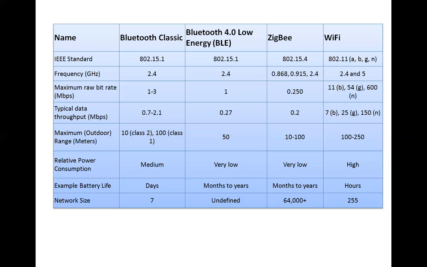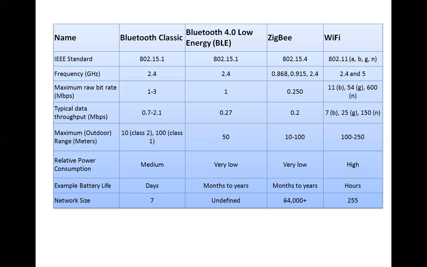Bluetooth Classic and Bluetooth 4.0 use 2.4 GHz. Zigbee requires varying frequencies like 0.868, 0.915 or 2.4 GHz. And Wi-Fi is quite higher, 2.4 or above, up to 5 GHz.